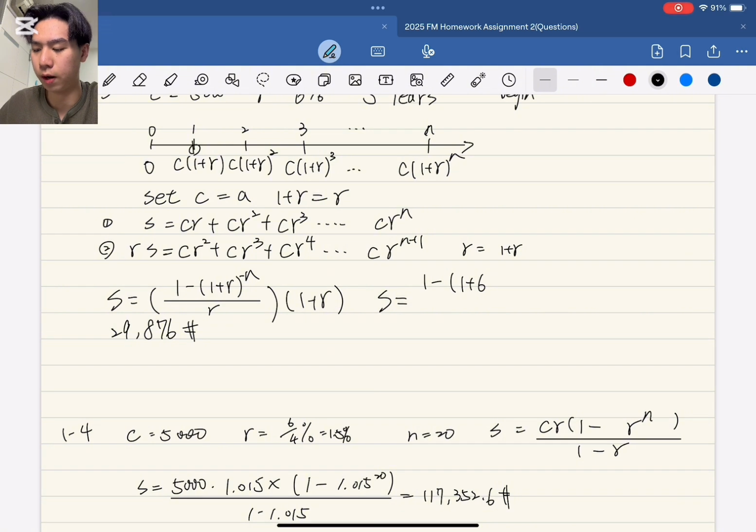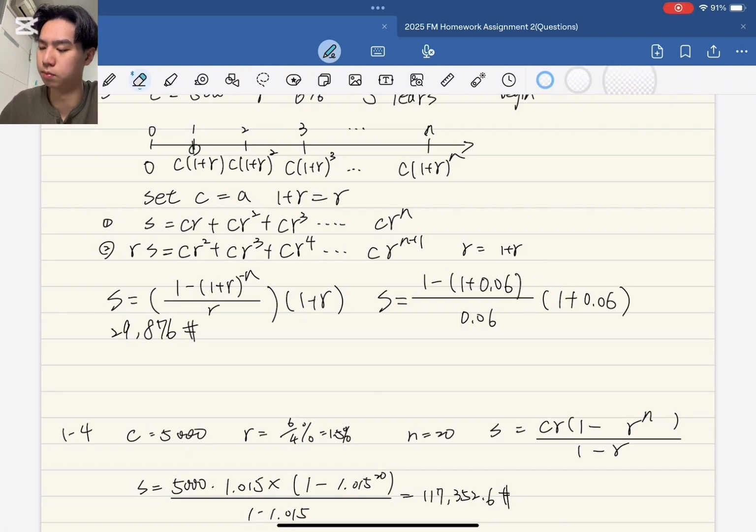Summation equals 1 minus 1.06 raised to the power of minus n, divided by 6%, and multiplied by 1 plus 0.06.